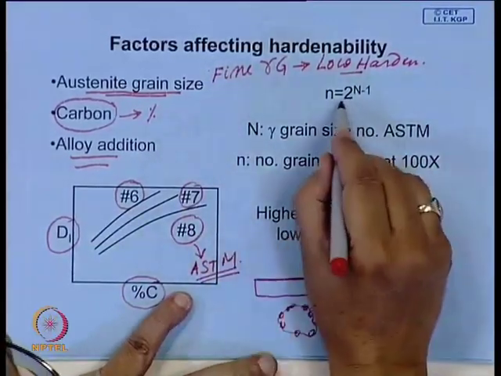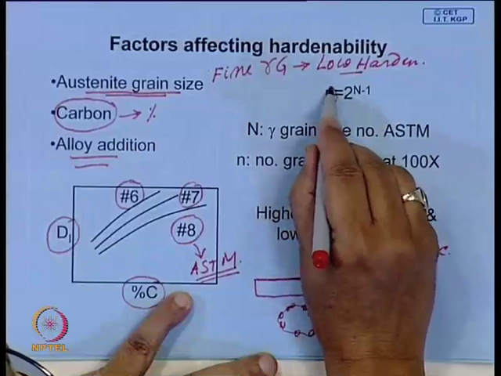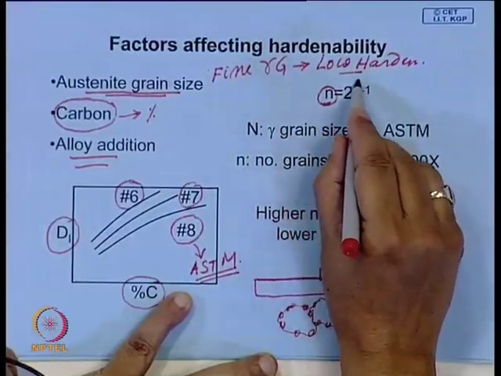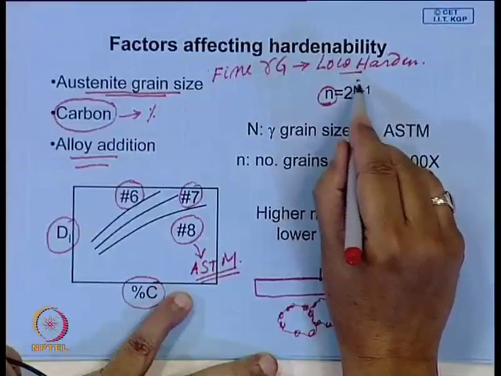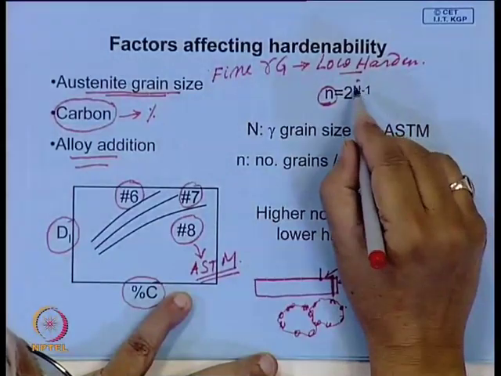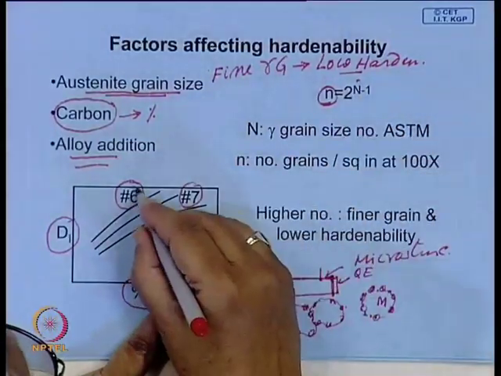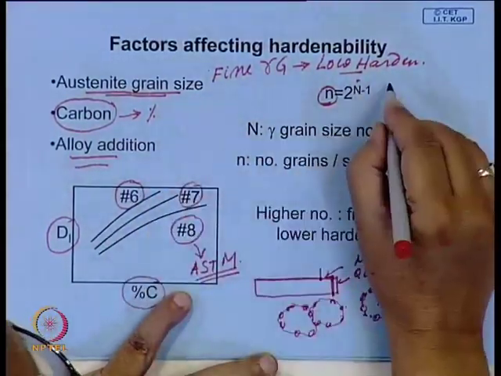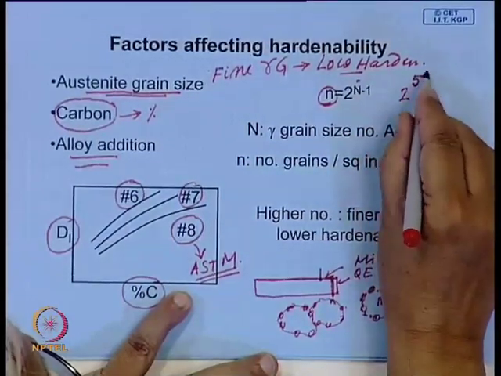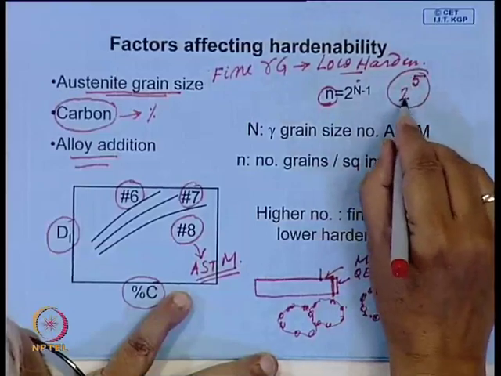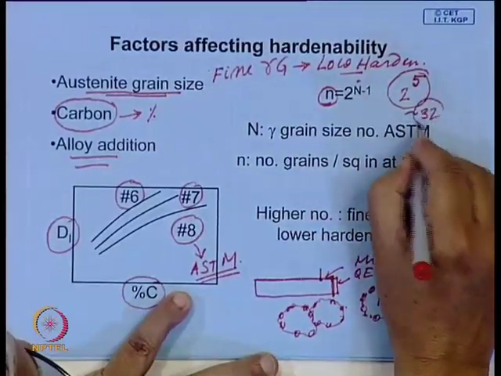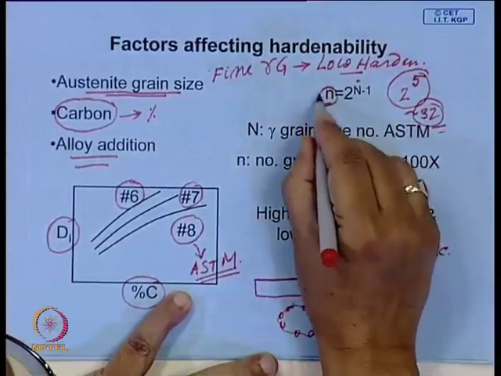And how do you define this number? This is the number of austenite grains per unit area, and this is an exponent, 2 to the power n minus 1. Say suppose n is, let us say, 6. So, 6 minus 1, this will be 2 to the power 5. So, this is 32, so you will get 32 grains.